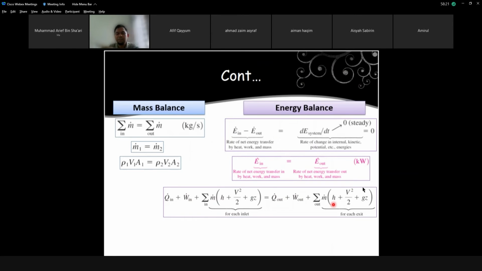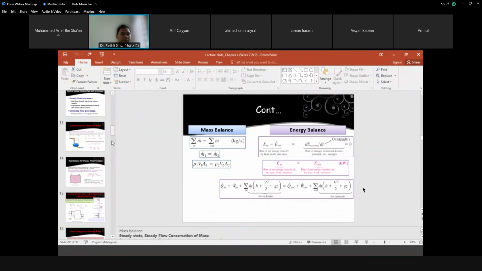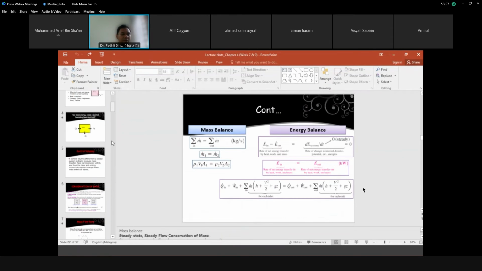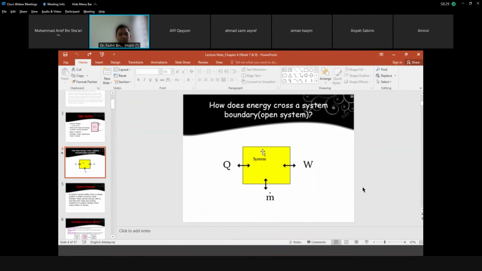Tadi kan kita ada this slide, right? Yang mana ni? This one. Okay, our system they have 3 properties that can be transferred in and out for open system. Q boleh keluar masuk, W pun juga boleh keluar masuk, serta mass juga boleh keluar masuk.